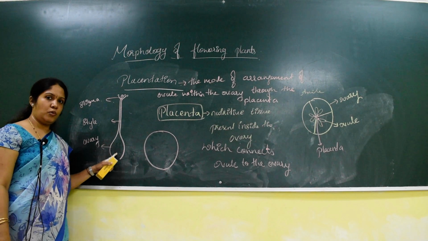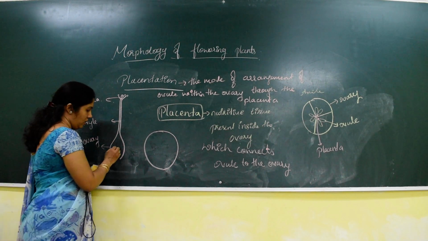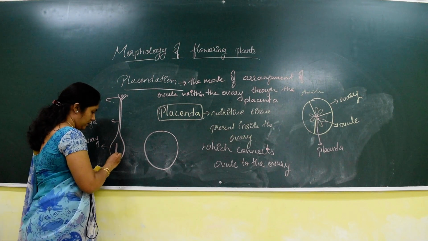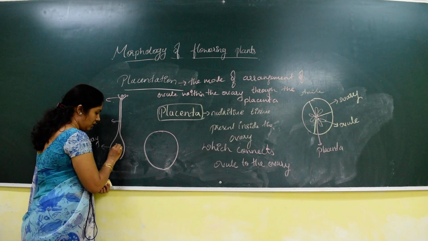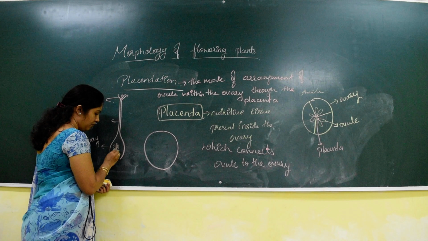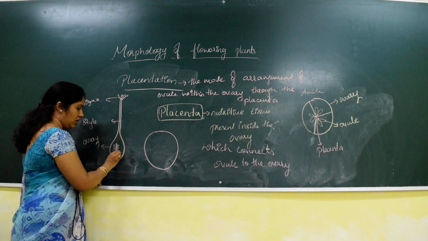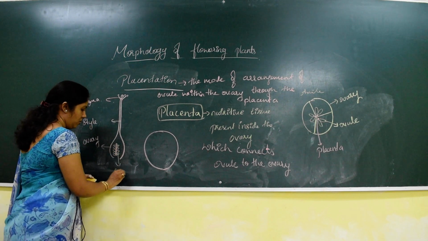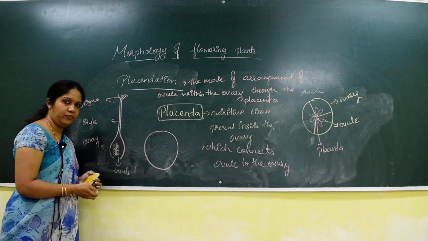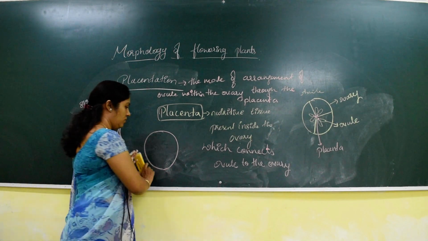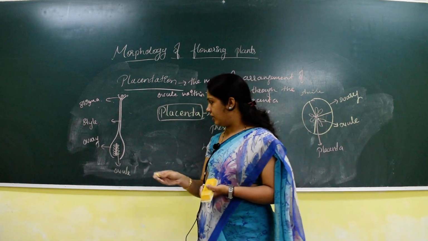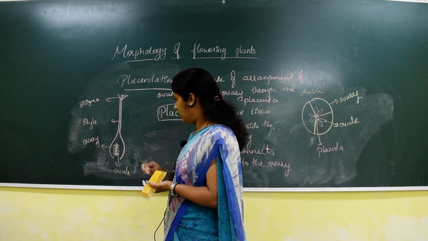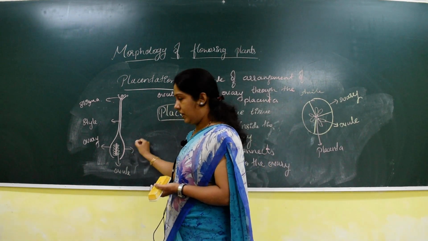So now inside the ovary we can see the ovules attached inside the ovary. So whatever I have written now, these are ovules. So now the ovary, after fertilization, it will develop into fruit.